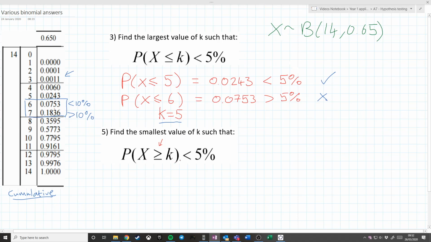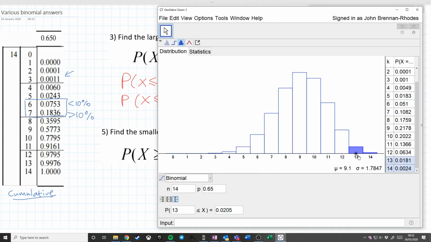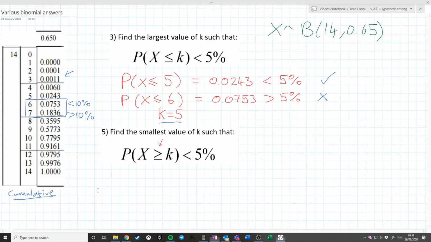What we need to look for is, if we're in the top 5%, we're over 95% on here. So the top 5% is going to be over 95%. Now in all of this, bear in mind that we know the answer is 13. 12 is not right, 13 is just right.